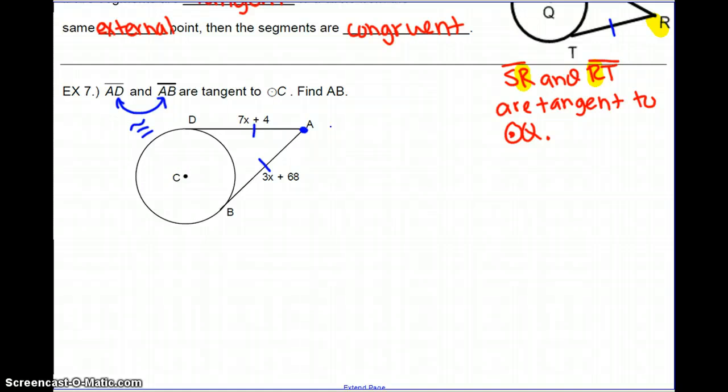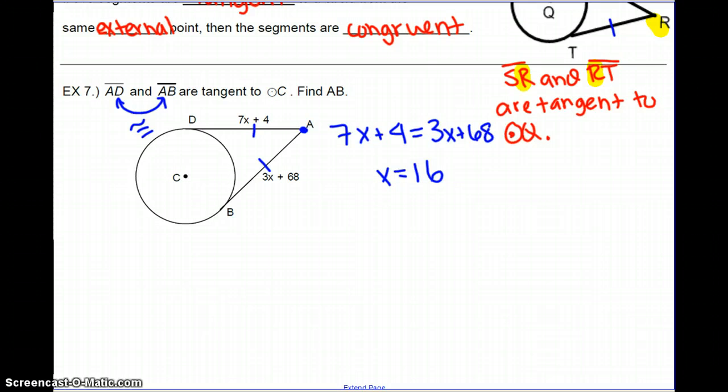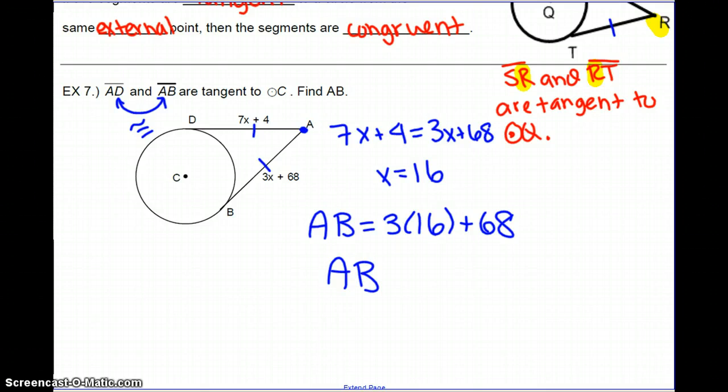So in order to find the length of AB, I do have to solve for x first. And when I solve for x, I get 16. But that's not what the problem is asking for. I need to take that value for x and plug it back into the expression for AB. And once I multiply and add, my final length for AB is 116.